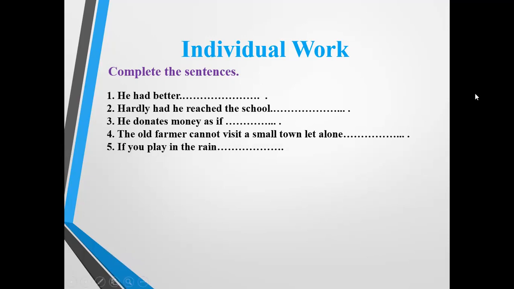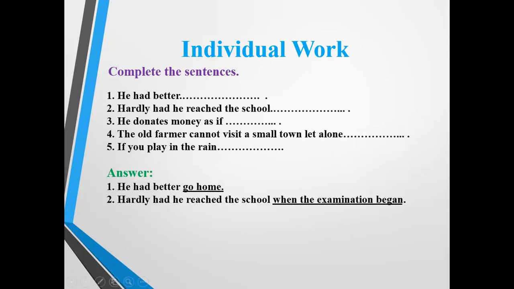Now write the answer in your exercise book, and after that match with my answer. Okay. 1. He had better go home. Number 2. Hardly had he reached the school when the examination began. Number 3.